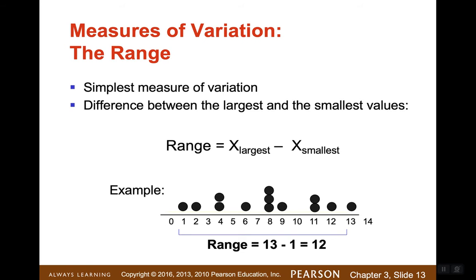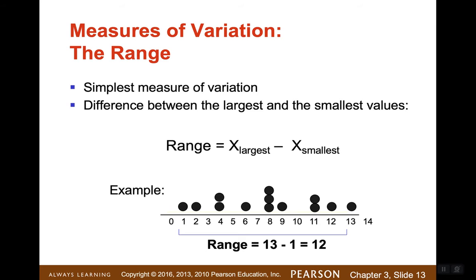So the range. We've talked about range before. It's the simplest measure: the difference between the largest and the smallest value. What we'll do is take our data, sort it high to low, take the largest and subtract the smallest, and that will give us the range.